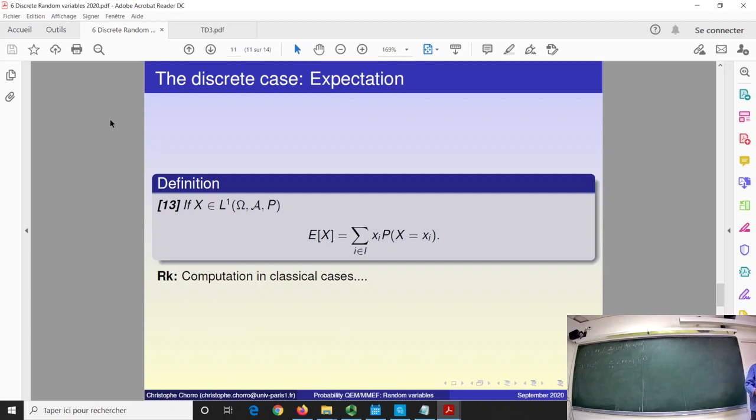In the case of Poisson and geometric, I have to be careful because I will have to deal with infinite sums. Clear for everybody? So it's exactly what is written here: computation in classical cases. That is what we are going to do until the end, and I want you to be able to do these computations.